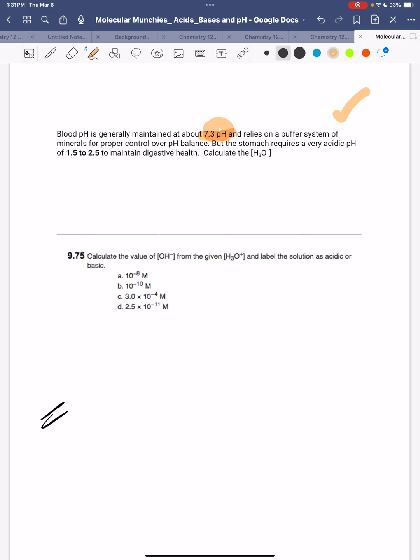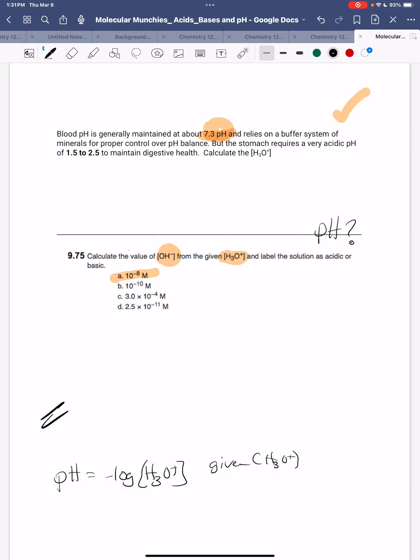Okay, this one asks us to calculate the OH minus given the concentration of the H3O plus. And then I'm going to add in here, I want you to calculate the pH too. All right, so again, remember there are only three equations. There's pH is equal to the negative log of the H3O plus concentration. So this one is given H3O plus and solve for pH.